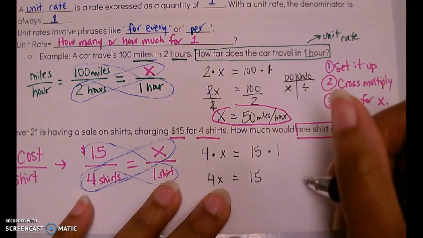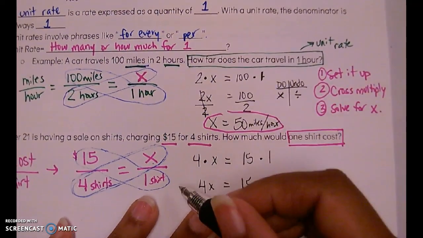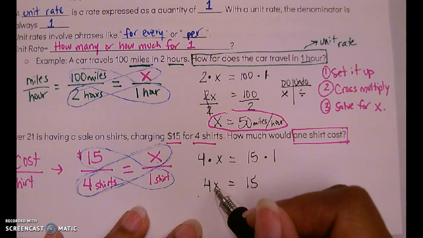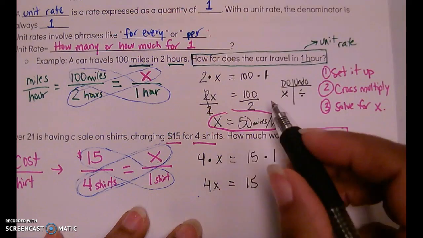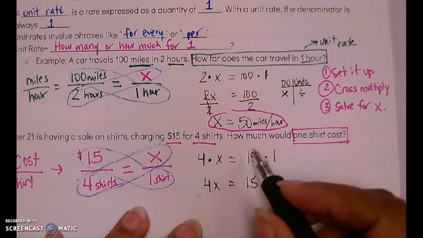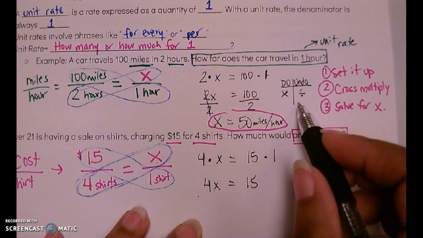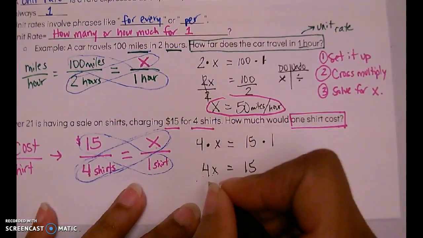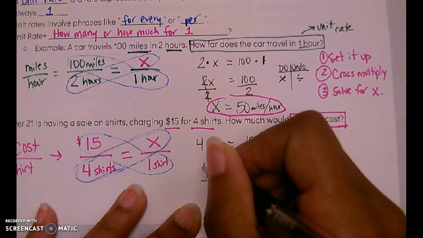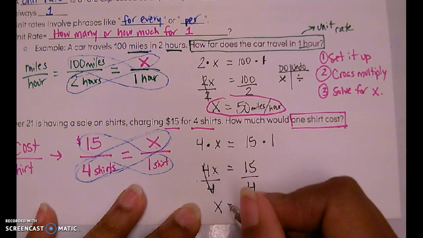Now, same thing here. What we talked about last time. With this 4x, this is essentially multiplication. And I need to do something that's going to get x by itself. If I am doing multiplication here, then to undo or take the inverse, I have to divide. So that means I'm going to divide both sides by 4. 4 over 4 gives me 1, which gives me x alone.